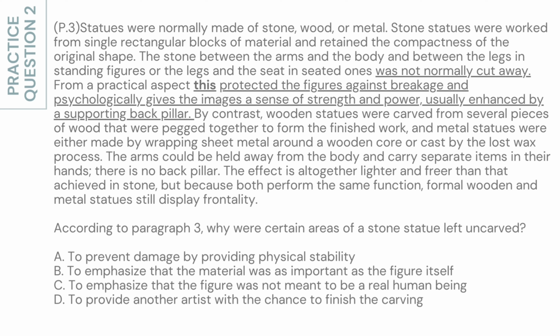Okay, so which answer choice matches that? The answer is A, to prevent damage by providing physical stability. You can see here that the answers for detail questions, they align quite closely with the passage. So the words are almost the same, maybe some synonyms, but the meaning is quite clearly the same.